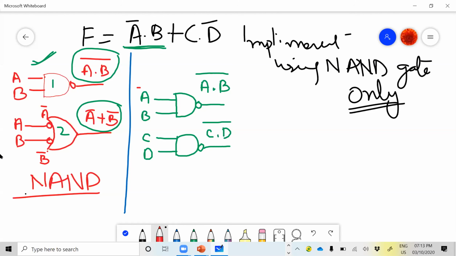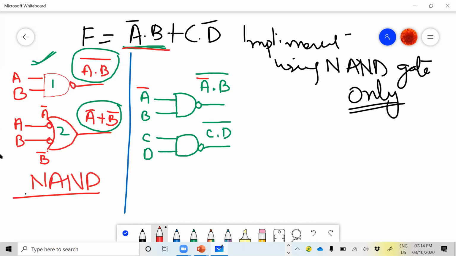So I will put a complement here, because of this complement I will have this complement here. Now it's clear. So under the bar, are you getting exactly the same function which I should implement, A complement dot B? Are you getting it?